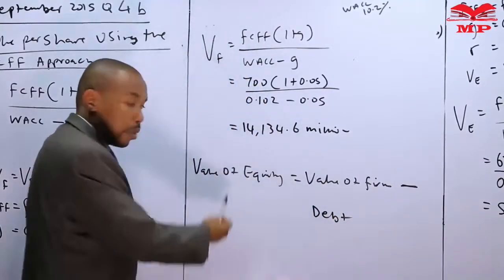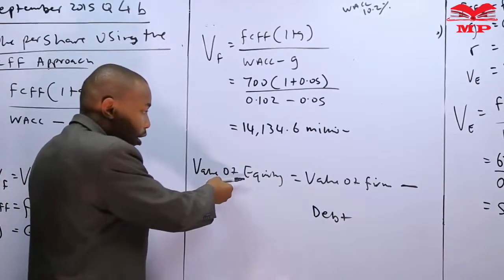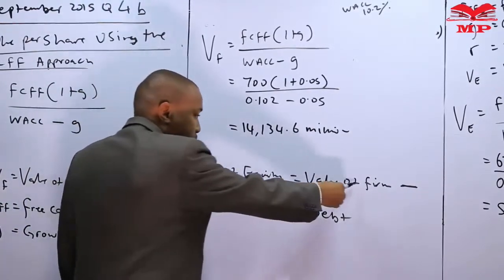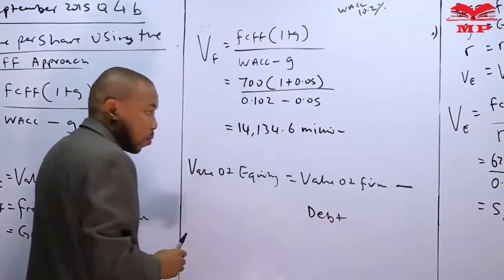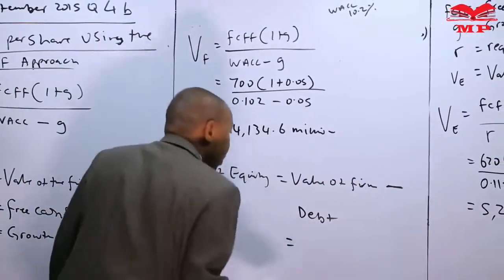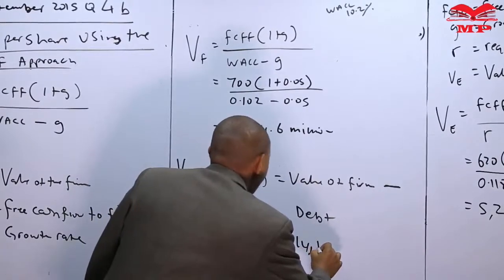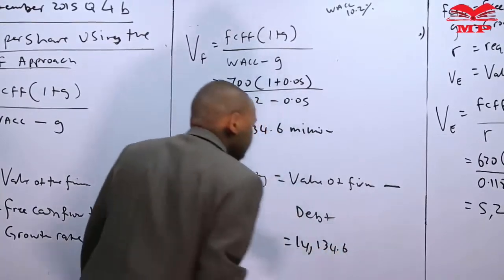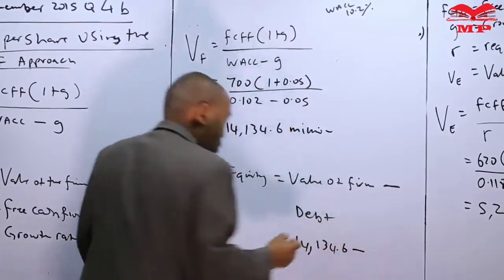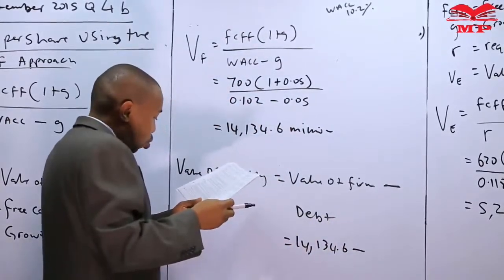Please note this: the value of equity is the value of the firm minus the debt component. So the value of equity is 14,134.6 minus the debt of 2.2 billion.